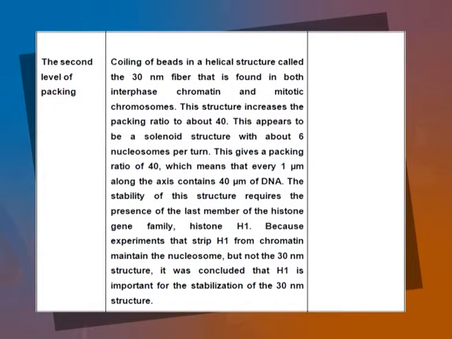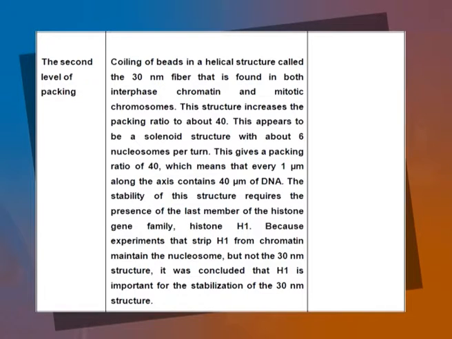The second level of organization includes the coiling of beads in a helical structure called the 30 nanometer fiber that is found in both interphase chromatin and mitotic chromosomes. This structure increases the packing ratio to about 40.